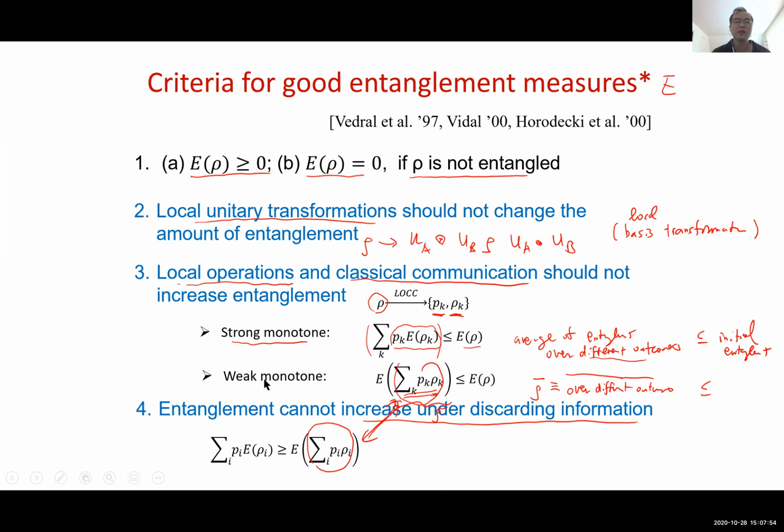Okay, so that's why the second condition is weaker. But I just want to list all these conditions that people have proposed, and to say that if you want to write down some entanglement measure, you should satisfy most of these conditions. Okay, and these conditions are intuitive in terms of the fact that entanglement should not increase if you only have local operation and classical communication. Okay.